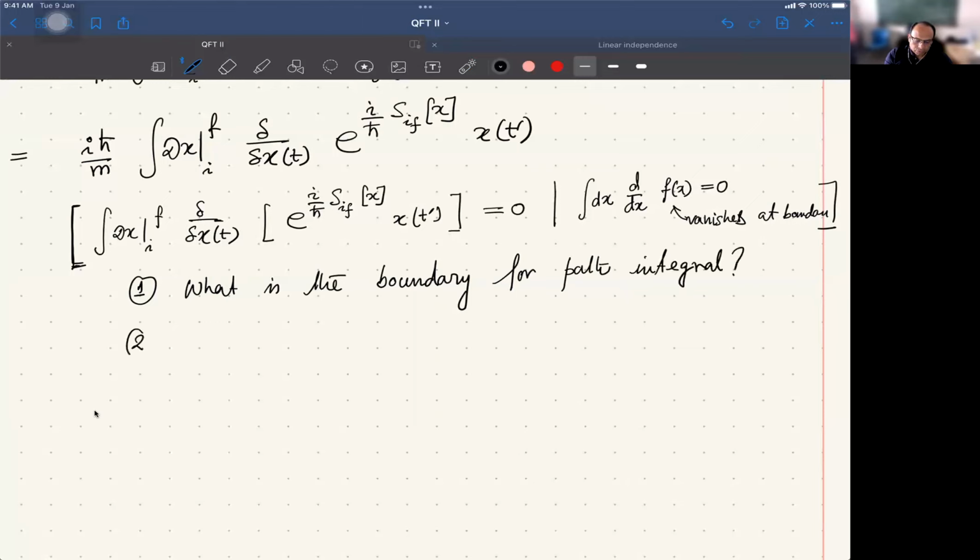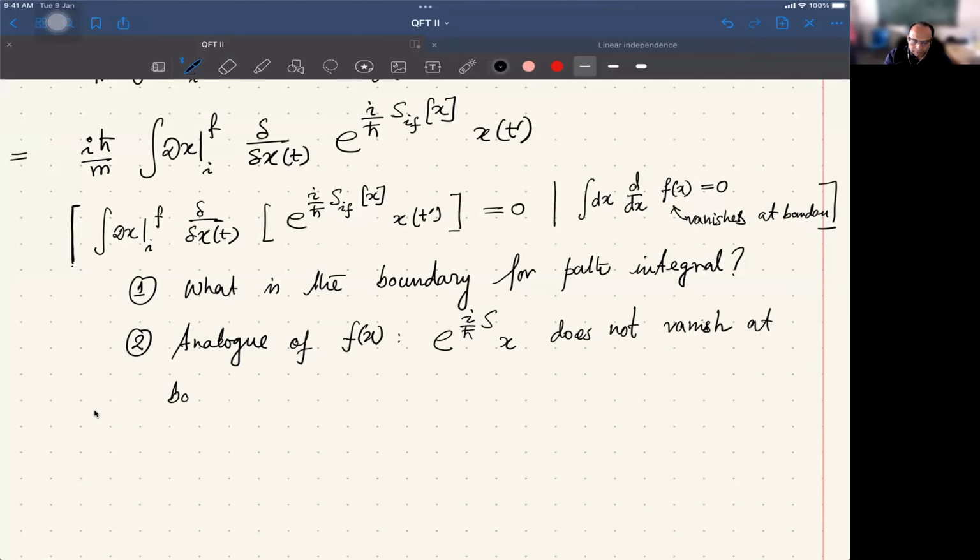And number two, the other question is that the analog of f of x, which is e to the power i by h bar S of x, does not vanish at the boundary.